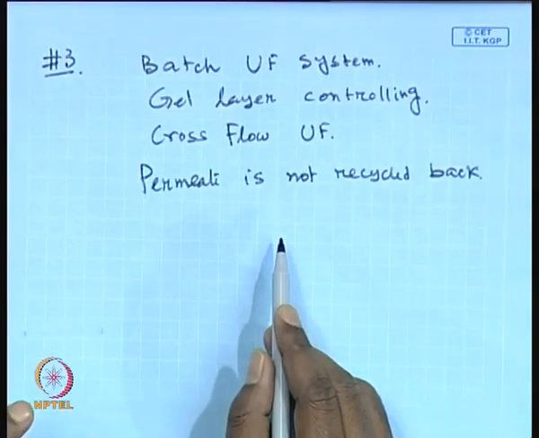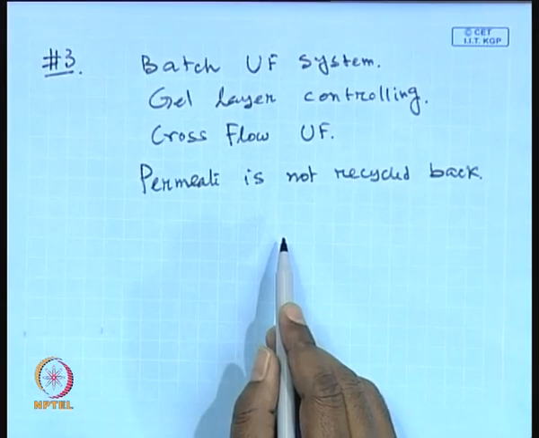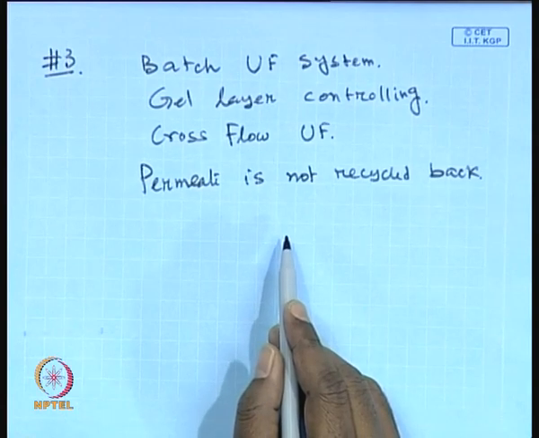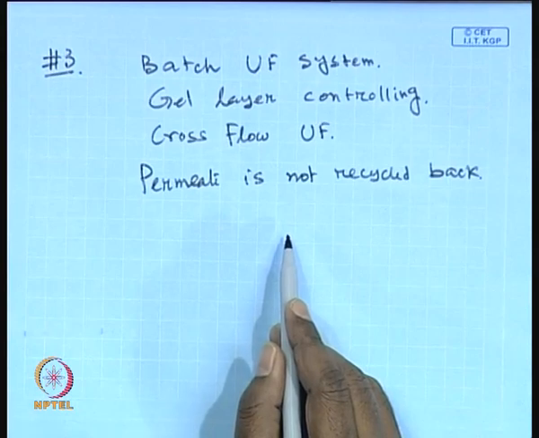Now, in this case what will happen, permeate is not recycled back means you are extracting water, mostly water out of it. In gel polarization controlled process, the permeate concentration will be almost 0, it will be almost pure water. So, you are extracting water out of the feed sample. Therefore, the feed is going to get concentrated all the time. Okay.